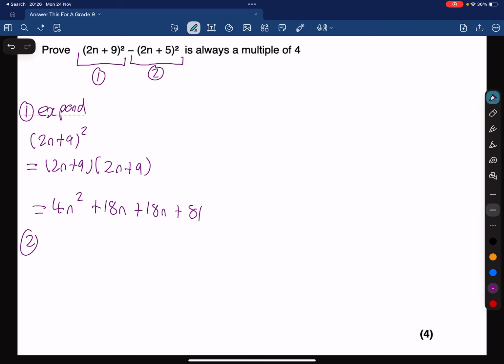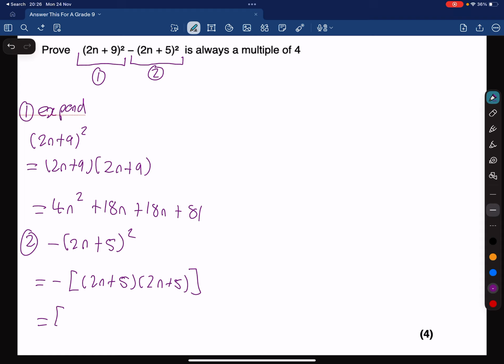So I'm now going to expand the next one, which is minus (2n + 5) squared. This is equal to minus (2n + 5) times (2n + 5), big bracket, just to make things simpler for now.